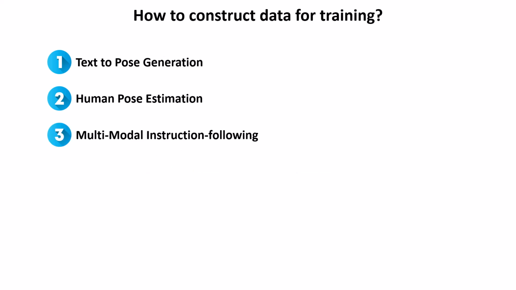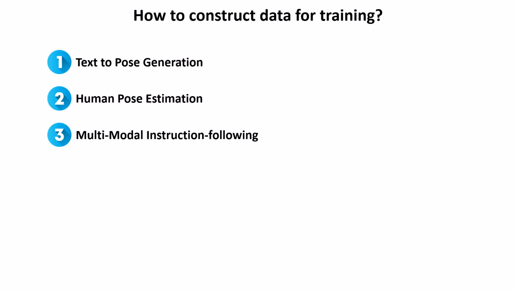And the final thing that we need for the training is multimodal instruction following. The LLM they are using is called LLaVA version 1.5 that I already mentioned, but that model is specifically designed to answer questions about the image that you ask.